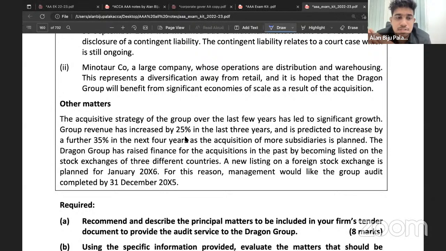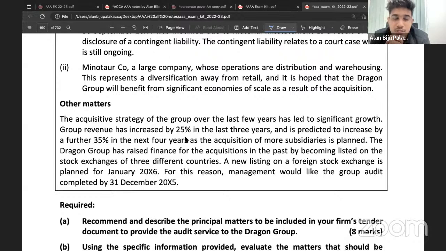So, well, the first thing, they have clearly specified that they have already been listed in multiple stock markets. In addition to which, they are planning to list in 3 more different countries' stock exchanges. So, as an auditor, before accepting this work, definitely we need to consider whether we have knowledge about the listing requirements in the countries where the company is planning to list its stock.